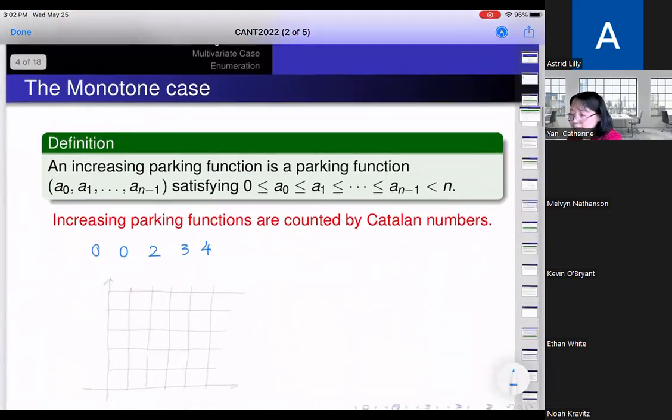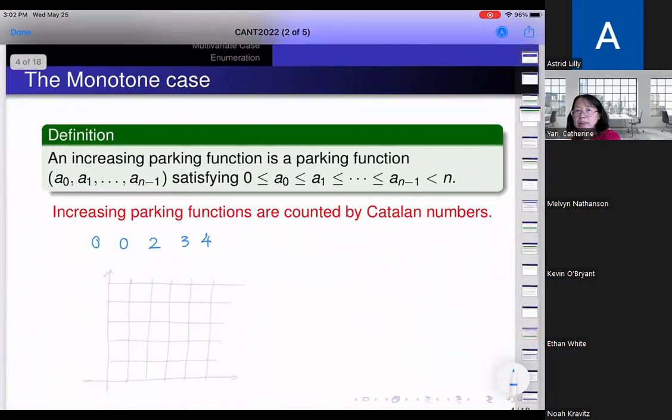Among all parking functions, there's a special family, the monotone cases, where whenever I say monotone in this talk it's always monotonely increasing. Actually, it's just weakly increasing, or you say non-decreasing. So we want to define those parking functions whose terms are already sorted from small to large.